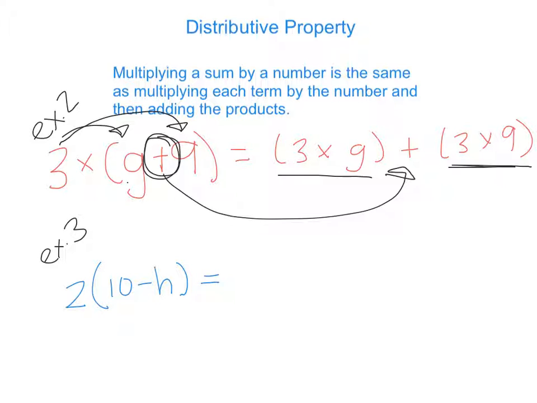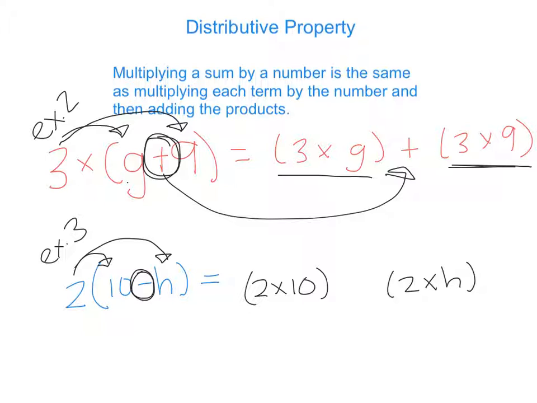I can say 2 times 10, and then 2 times h. This is just breaking that number down. And then whatever was in the middle of my parentheses, we were subtracting, so here I subtract. This is the distributive property. Welcome to the distributive property. It is very, very important. You're going to have more practice in a minute though, so stay tuned.